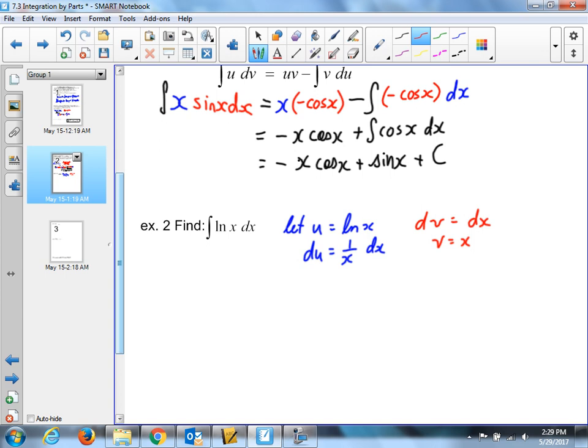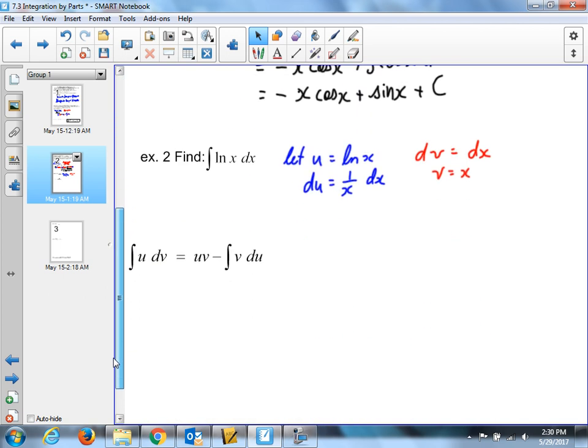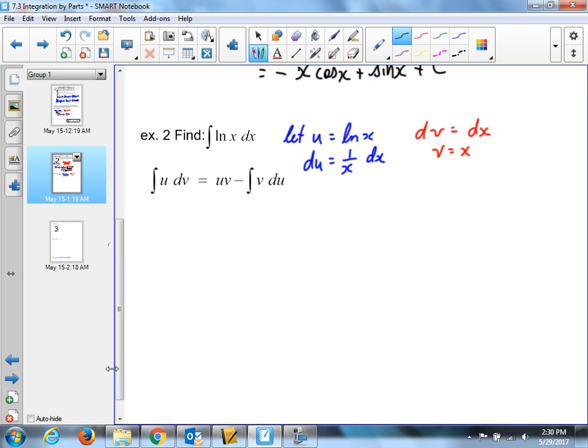Now I'm trying my rule. So I'll apply this rule. According to this, I'm just rewriting so I can see the different parts.